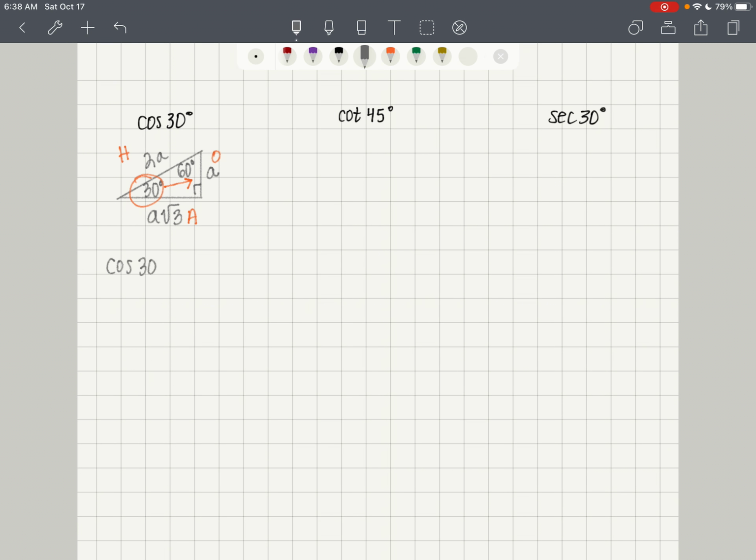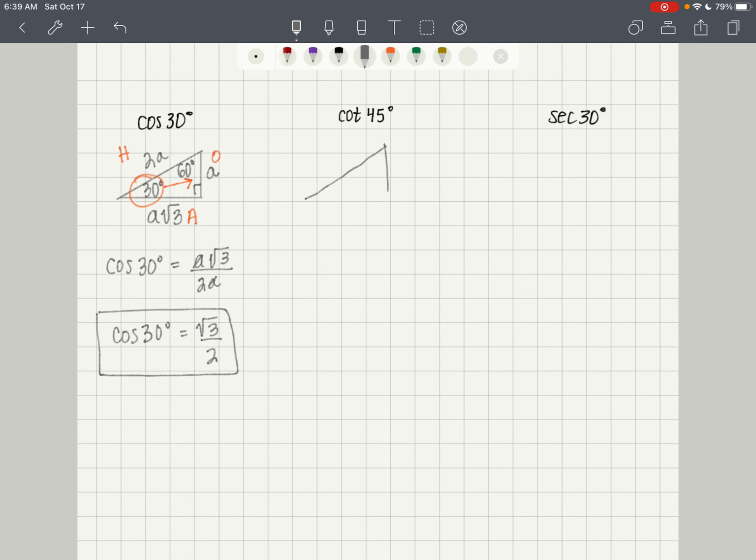The cosine of 30 degrees is equal to A times the square root of 3 over 2A. The A's cancel out, and the cosine of 30 degrees is equal to the square root of 3 over 2. If you got that, give yourself a pat on the back.